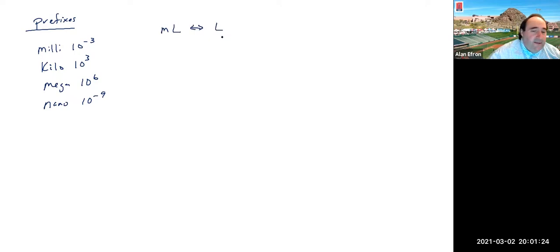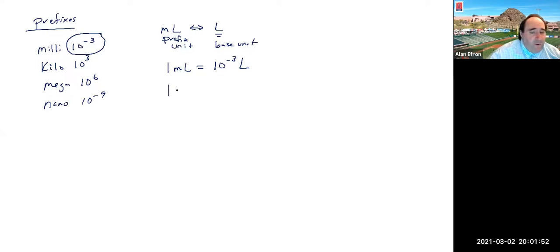For example, if I want to do milliliters and liters, liters is the base unit and milli is the prefix unit. When we look at the number for milli, that is how much there is in the base unit in one of the prefix units. So 1 milliliter would be 10 to the minus 3 liters, and that is the right way to do it.